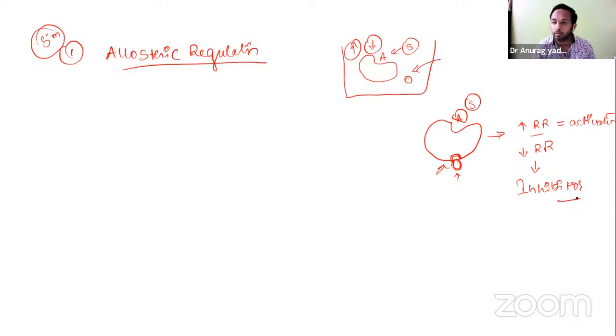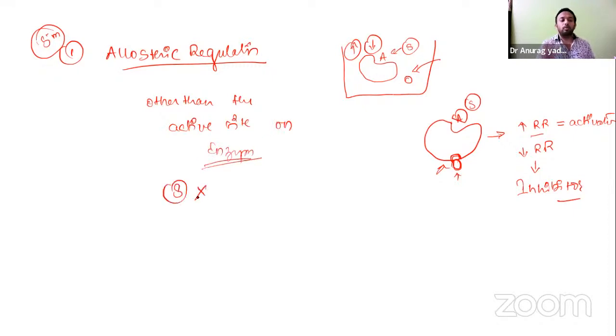So what is the allosteric site? Allosteric site is the site other than the active site. It is not the same. It is other than the active site, which is present on the enzyme itself. To which, who will bind? Is it the substrate?